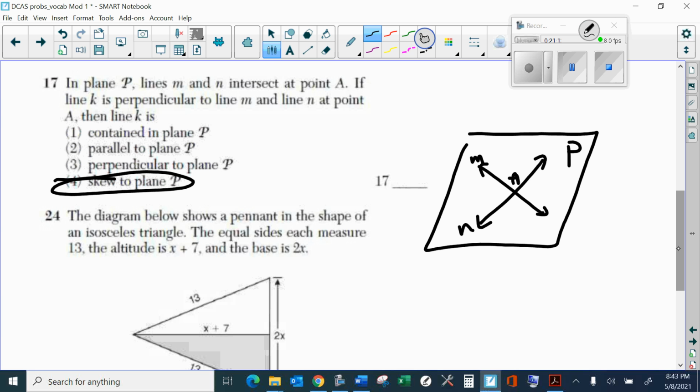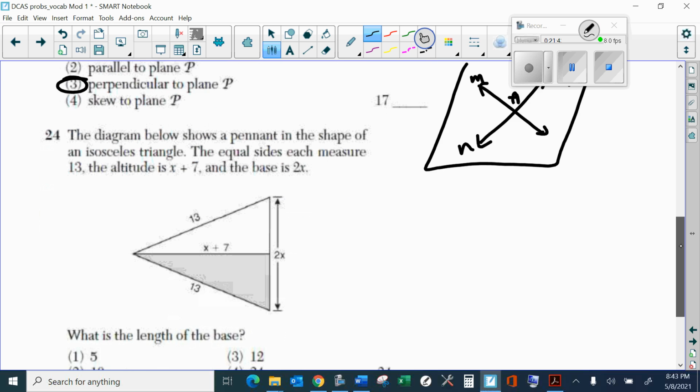Let's change this to perpendicular to plane P. Sorry. It's got to come straight down through the top, and it's got to be perpendicular in order to be perpendicular to both those right there. So it's got to be perpendicular to plane P.